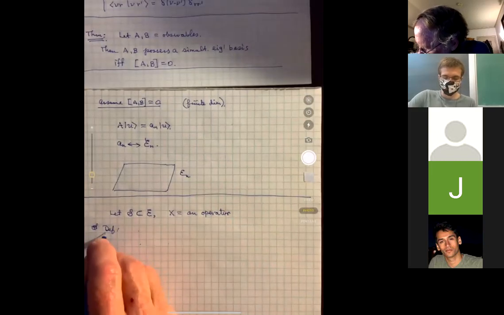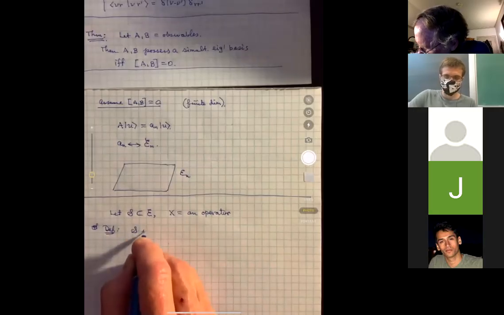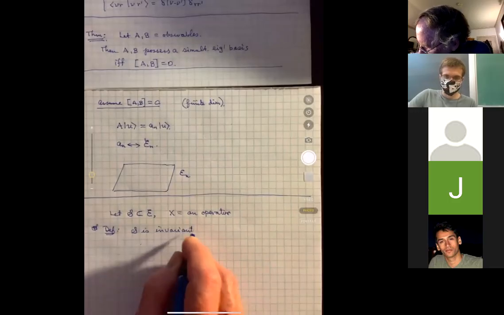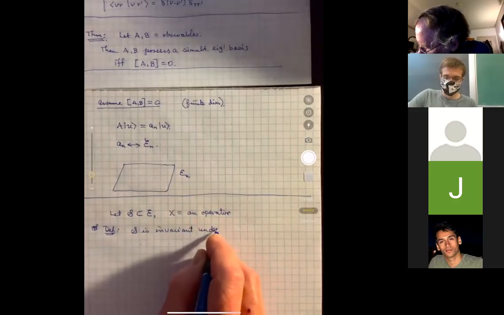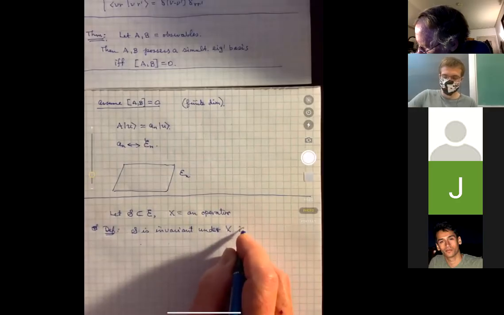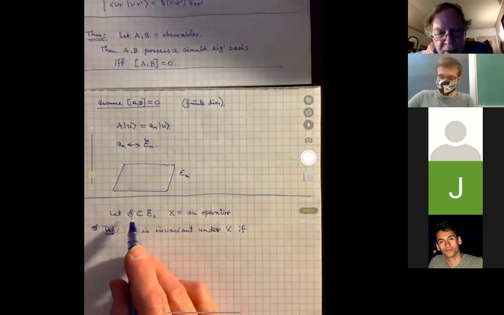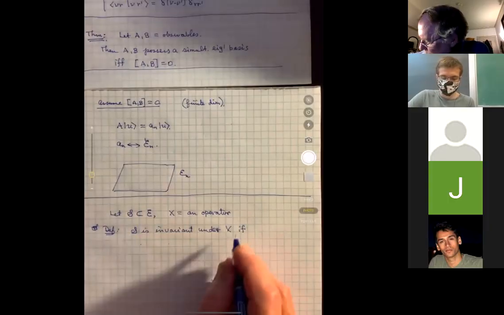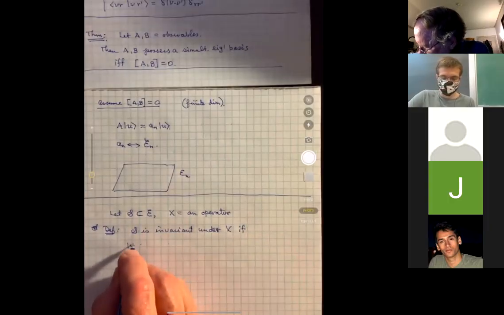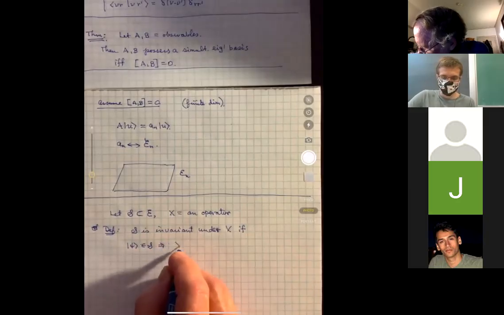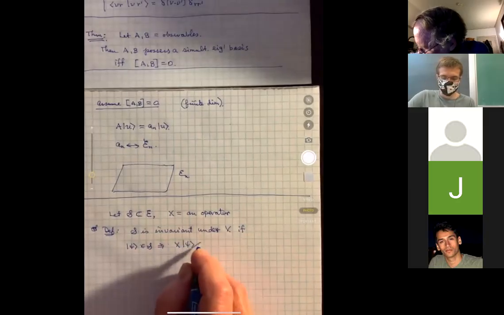We say S is invariant under X if, to say it in words, X maps any vector in the subspace S into another vector which also belongs to S. So we'll say it this way: if ψ belongs to S, that implies that Xψ belongs to S.